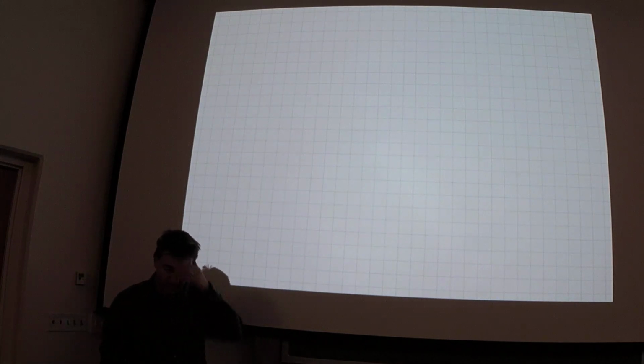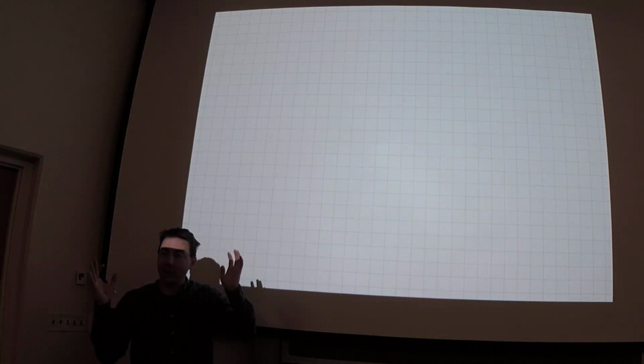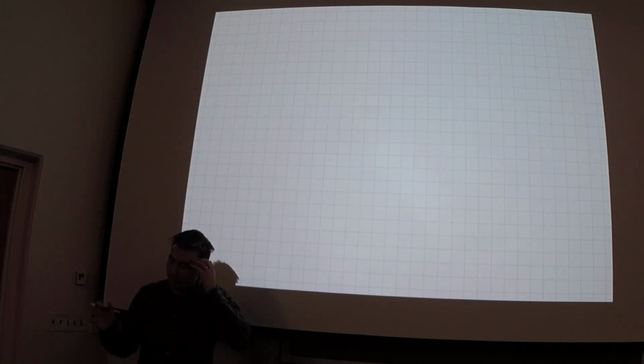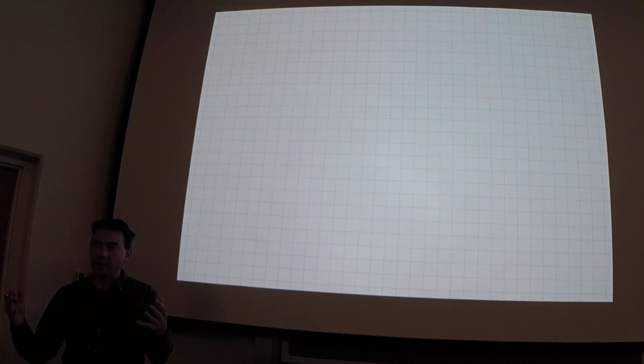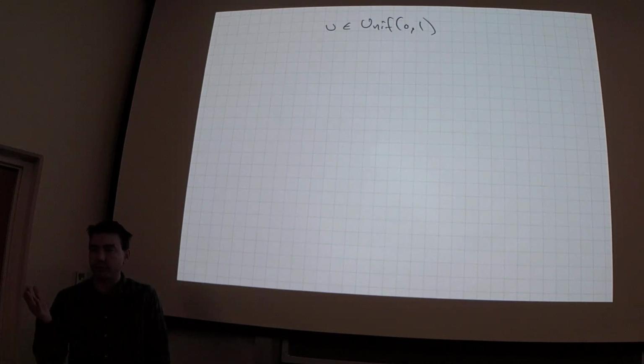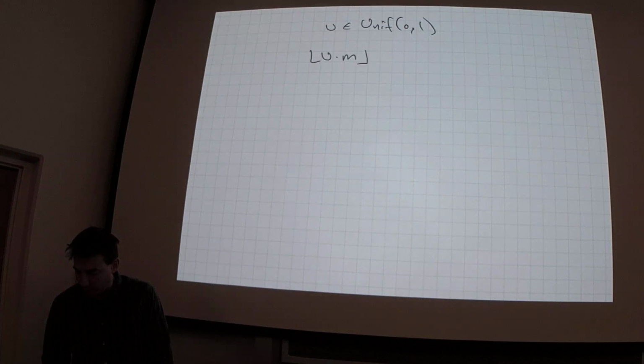So we kind of know how to do this. For your homework, what you can do is call a uniform random value u between 0 and 1, and then compute u times m and take the floor, and this will be some value j in this domain here.